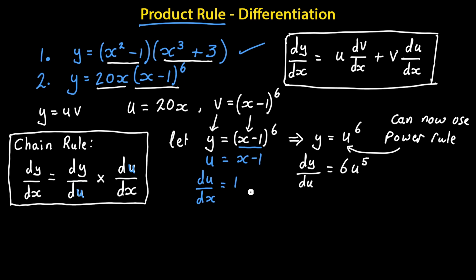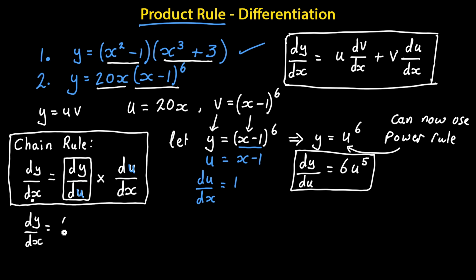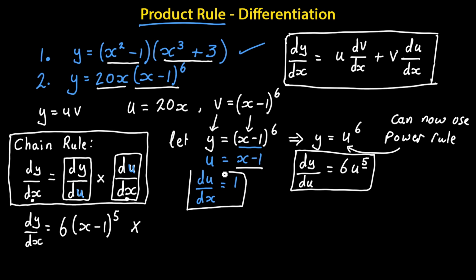So if we have a look at our chain rule, we've got the value for dy over du, and we've got the value for du over dx for this equation. And we just plug in the values. So we've got dy over dx is equal to 6u to the power of 5 multiplied by 1.